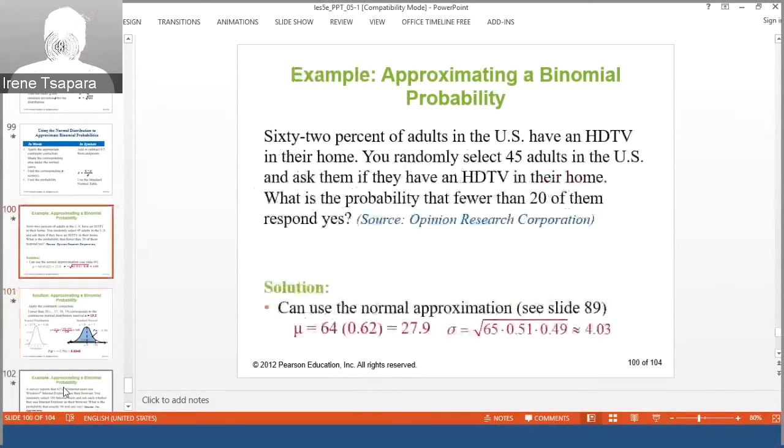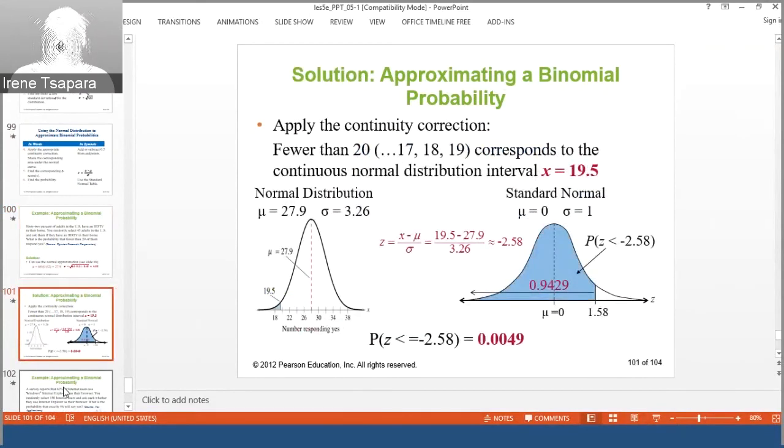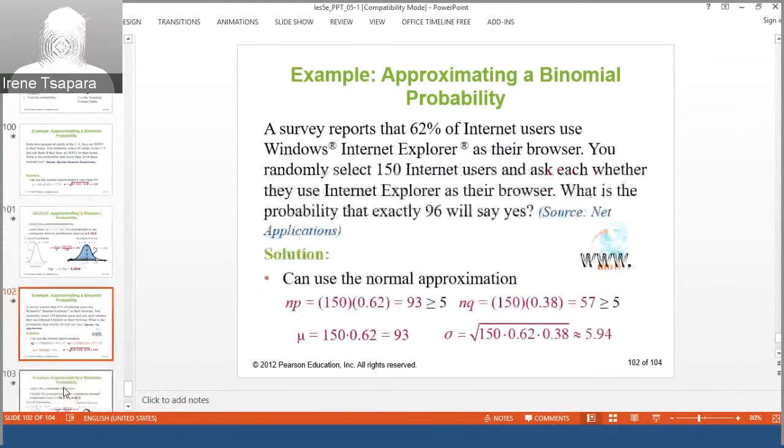Okay, this is an example that I have here for you, but because it's already 8:30, this example is quite explanatory and simple and shows you the actual correction of the continuity. Review the example yourself. Review this example and look at the calculations that I have here.